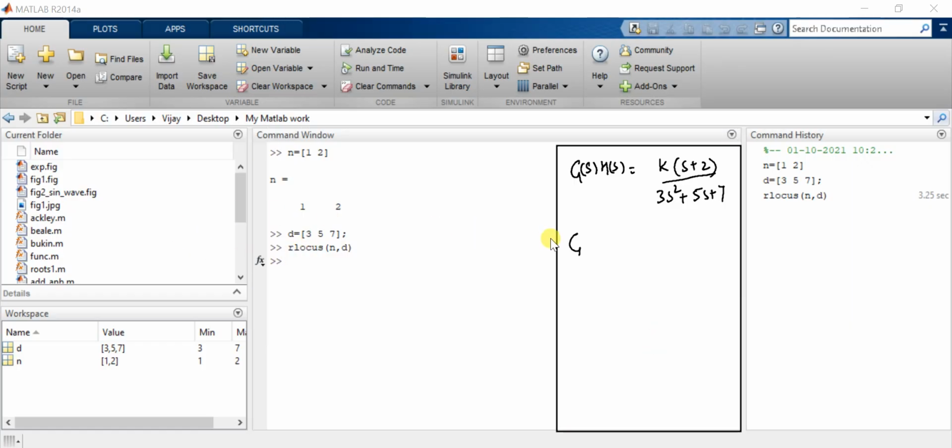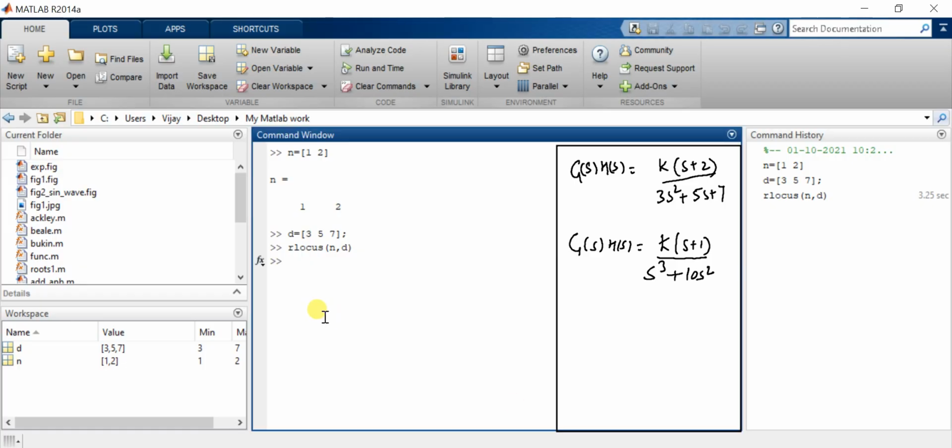Let's take another example, that is G(s)H(s) equal to K(s plus 1) divided by (s cube plus 10s square). We can draw its root locus by simply providing the n and d matrix to the rlocus function. Let's try to code it.